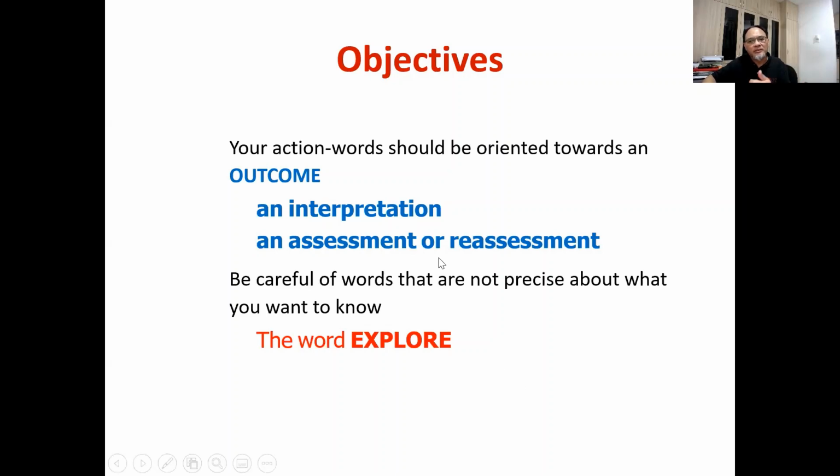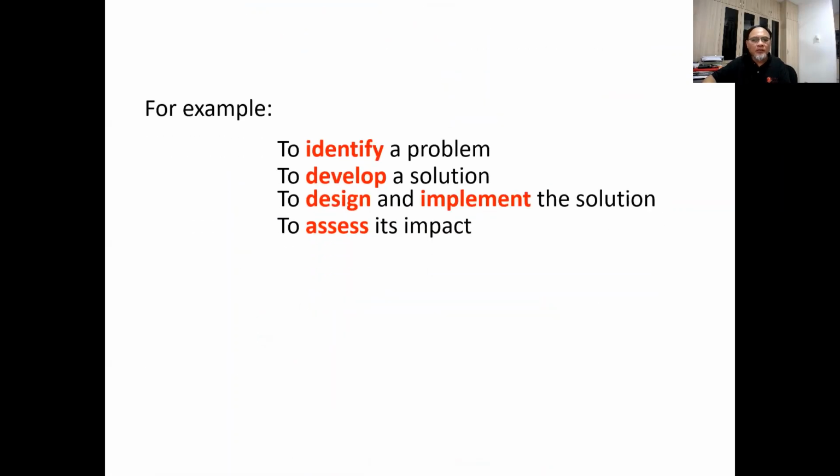Okay, objectives, of course, depend on the area that you're studying. For example, to identify a problem, to develop a solution, to design and implement the solution, to assess its impact. So you identify the variable, develop the new instrument, design and implement the instrument, and assess the impact of the instrument. So this is an example.